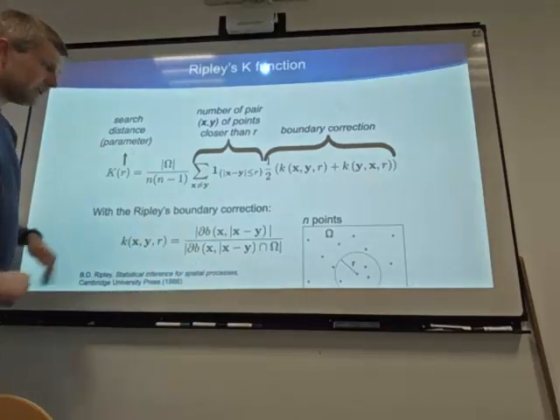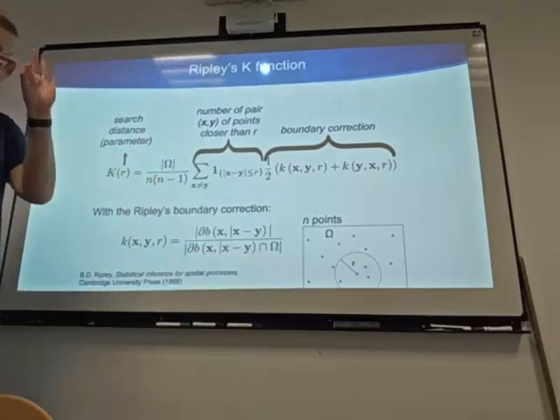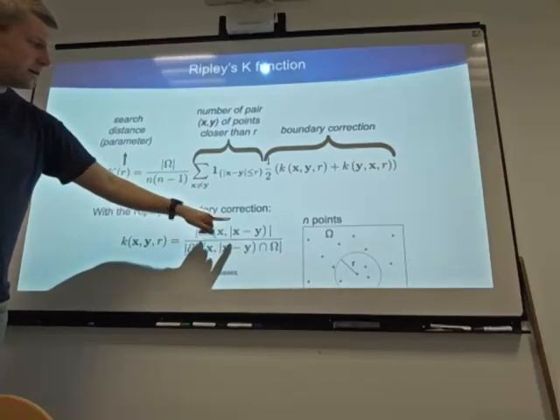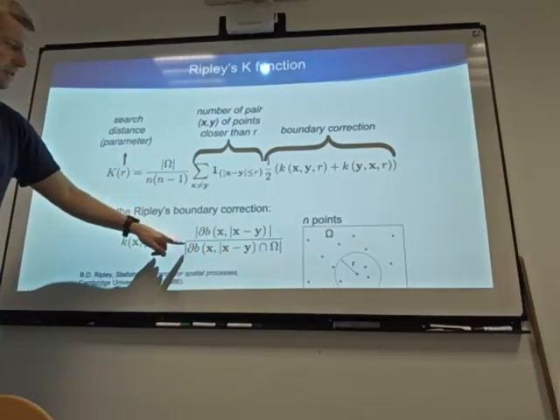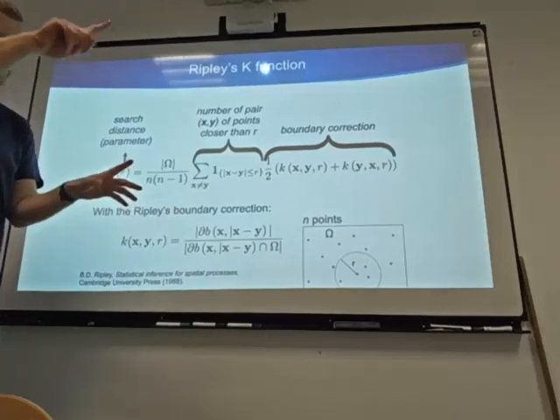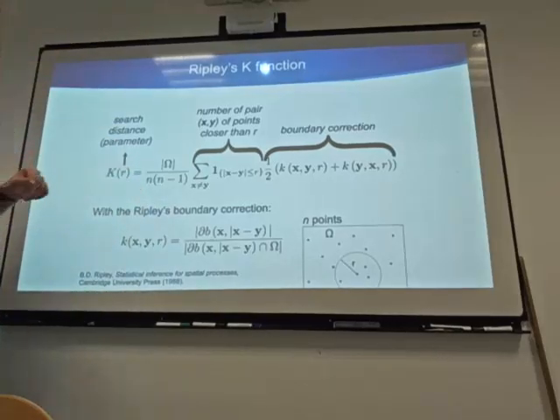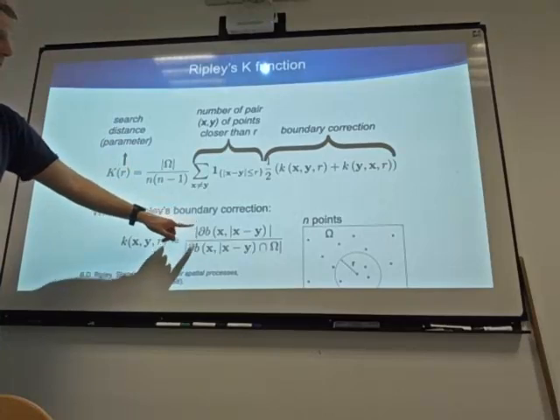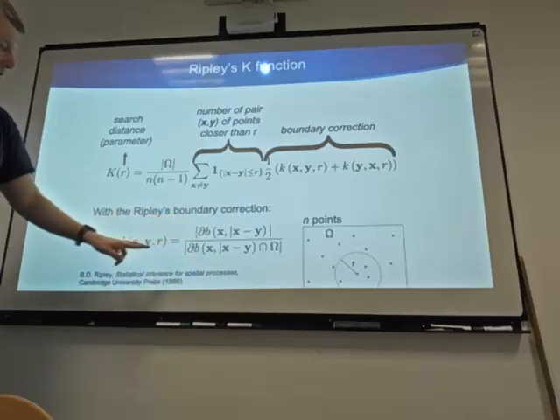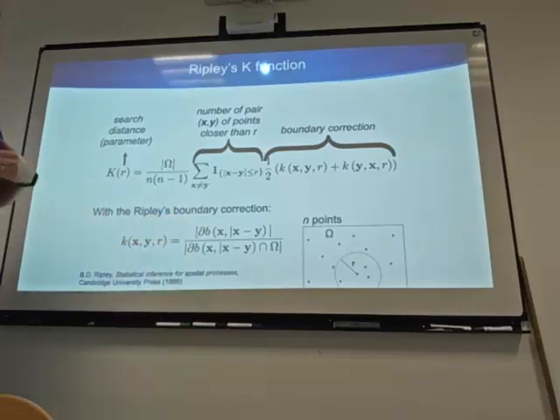If x is exactly at the boundary, the portion inside is 2 pi times distance divided by 2, because only half of the circle is inside the domain. Then the boundary correction is 2 pi divided by pi, so it's 2. So here we count the point y twice to compensate for the fact that the point x is right on the boundary.